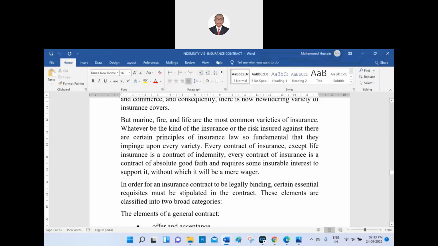Only one can say, or shall I ask a particular person? Sanjay Rani, you tell me why the life insurance contract is not a contract of indemnity. If you don't know, say pass, sir. Sir, pass on, sir.